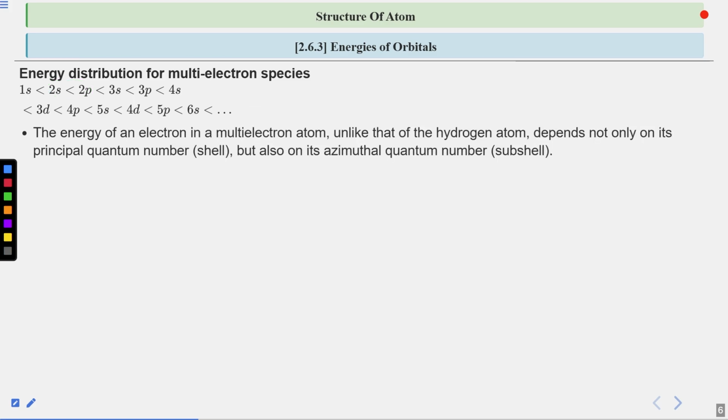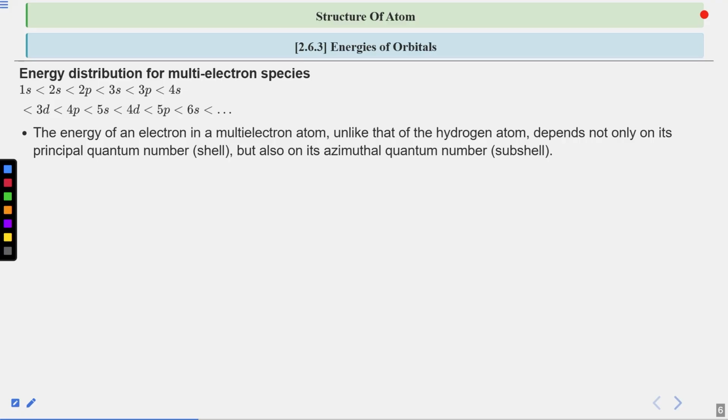So in case of hydrogen-like species, the energy was only dependent upon the n values. If you change the n value, then and only then the energy was changing. But here, in the multi-electron system, the energy is dependent upon both the value of n, which is the principal quantum number, and l, which is the azimuthal quantum number.